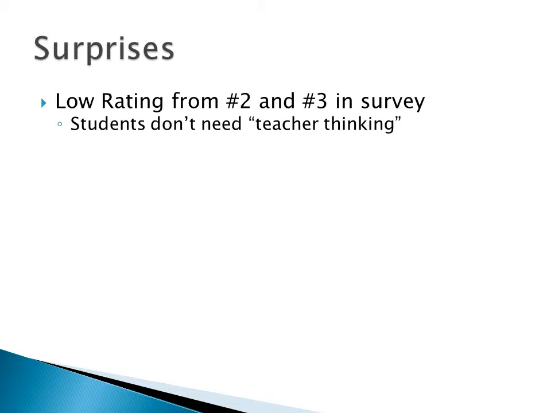In regards to number 2, I realized that students don't know my teacher thinking, nor do they necessarily need to know my teacher thinking all the time. They don't know where I was moving on to next, and they don't know what I was planning on asking. So in some ways it surprised me, but in some ways I guess it didn't. I guess I don't always do the best job explaining my teacher thinking when it comes to those things.